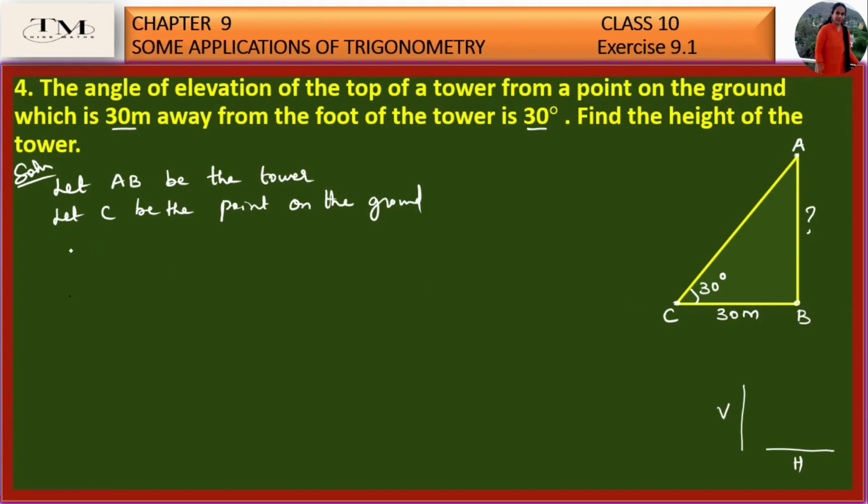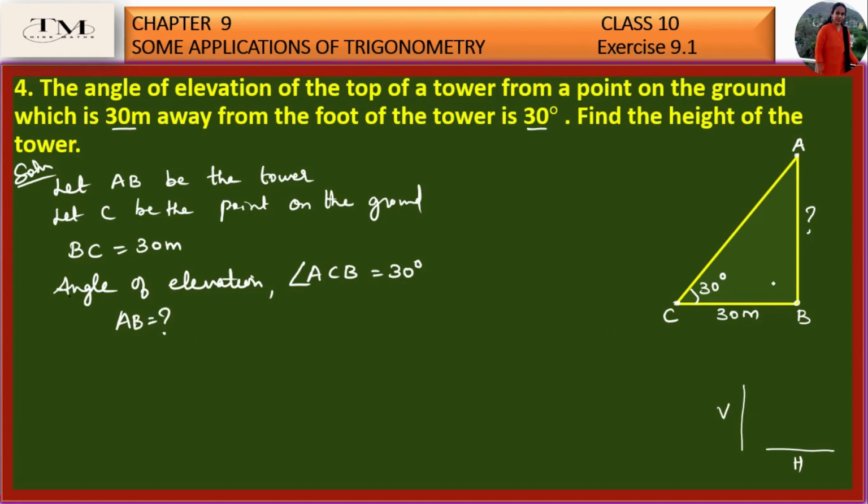So BC is equal to or CB is equal to, both are same. BC is equal to 30 meter. Angle of elevation, which is angle ACB equal to 30 degree. We have to find height of the tower. Who is the tower? AB. So we have to find out AB.